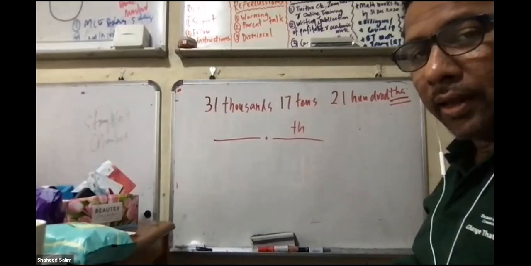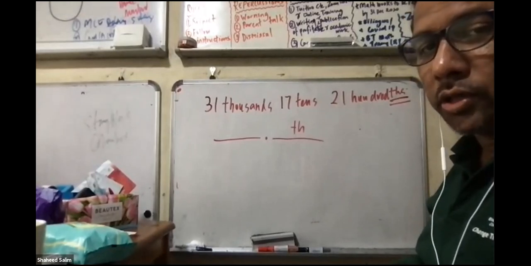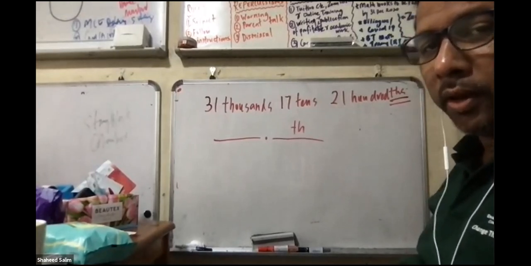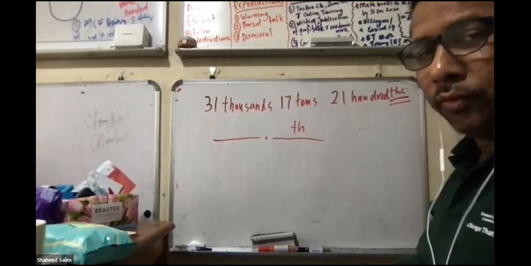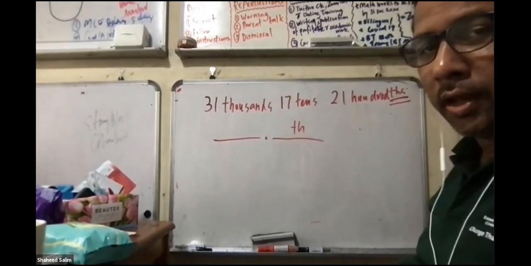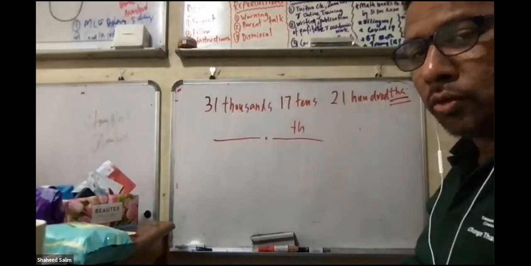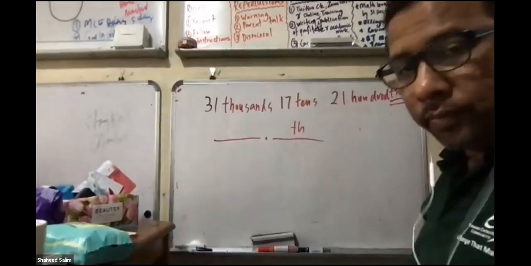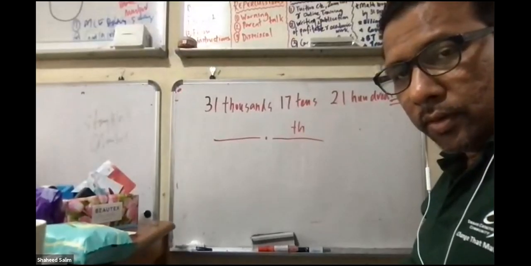I want 31,000. Shalina, how many zeros follow the 1,000? Show me by the finger, how many zeros does 1,000 have? Is my tens wrong? No, tens is correct.